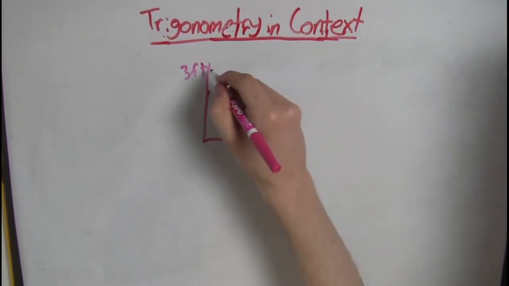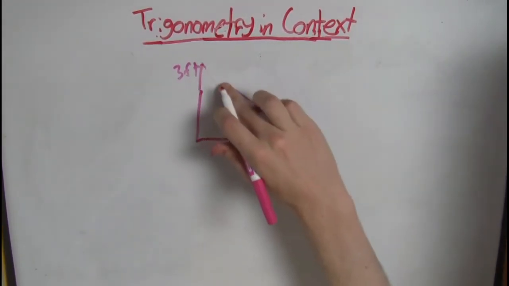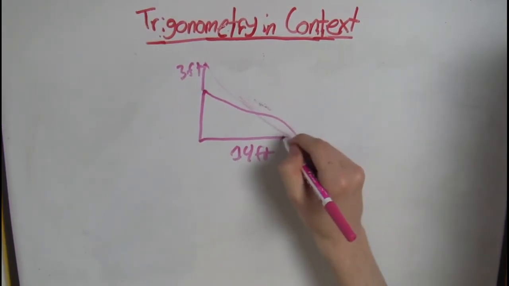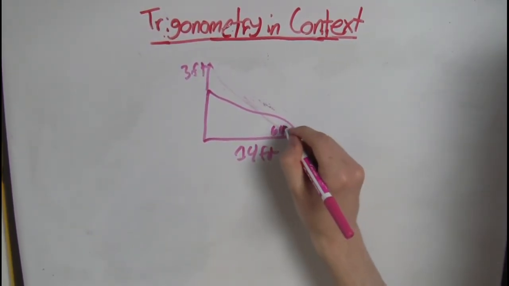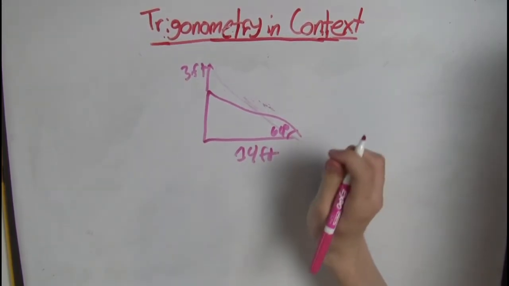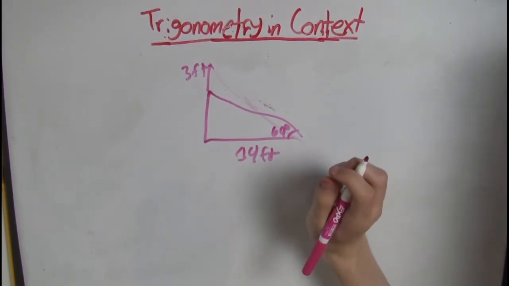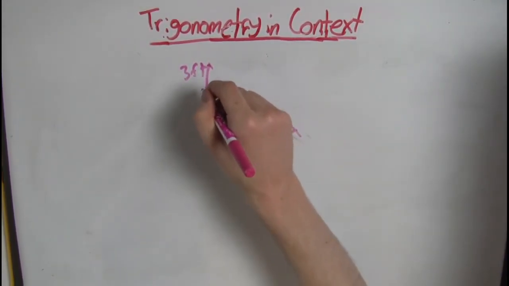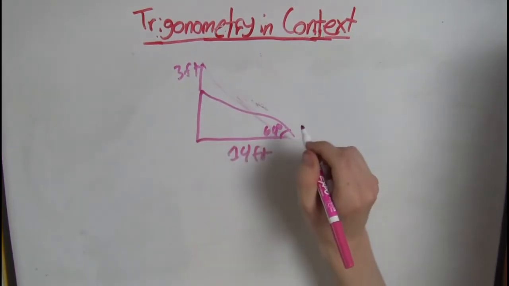The wire makes a 64-degree angle with the ground. How tall is the pole? So this looks like a pretty tricky problem. The top part right here is 3 feet, so I'll mark it.